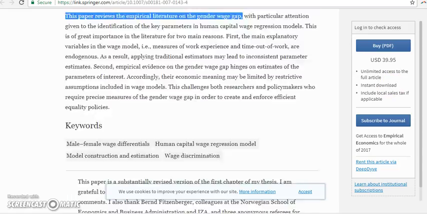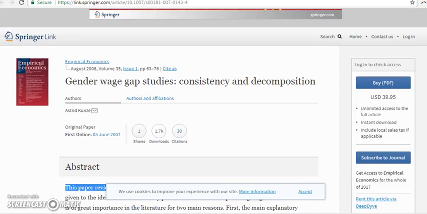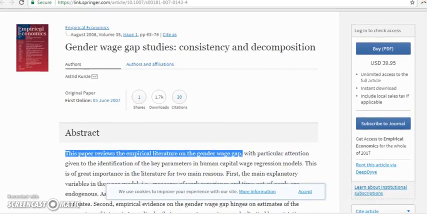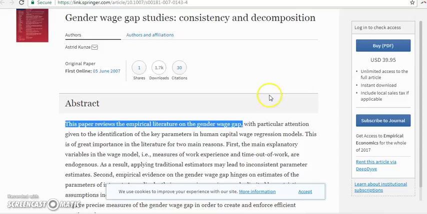Similarly here, we go looking at an article. This is an article on gender wage gaps. And it starts off with, this paper reviews the empirical literature on the gender wage gap. Right from the get-go, this means they're not doing their own experiments. They didn't go and put surveys out to companies. They didn't interview people.